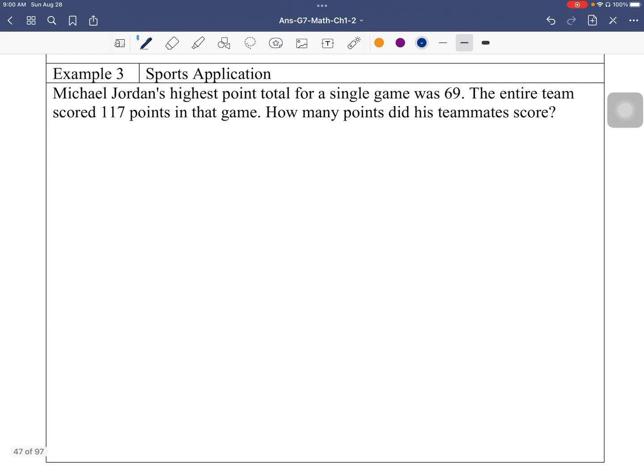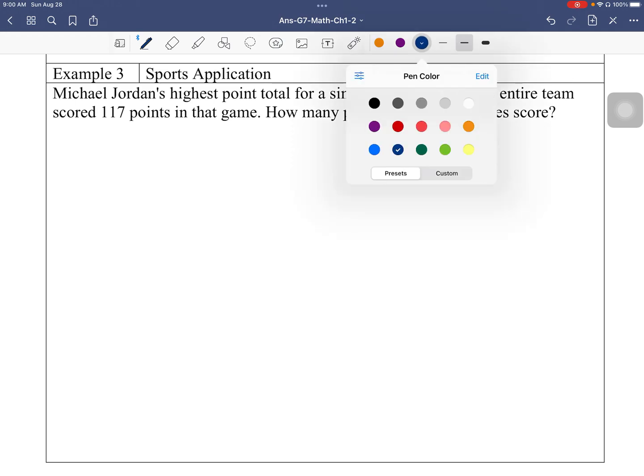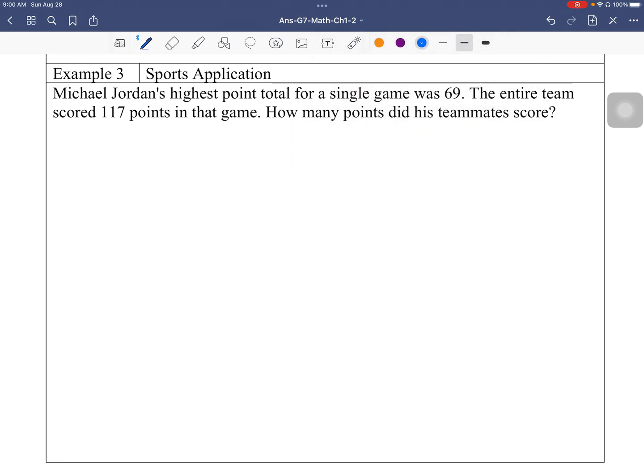So a sports application. Michael Jordan's highest point total for a single game was 69. The entire team scored 117 points. So how many points did his teammates score?